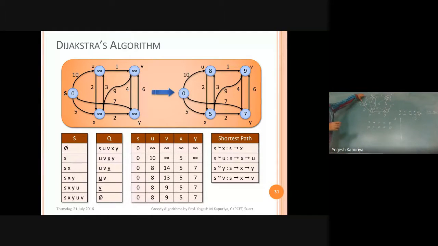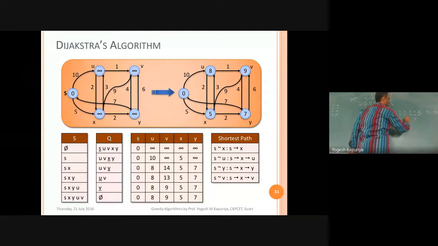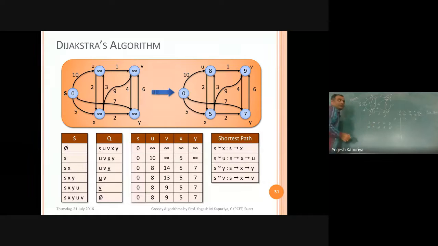So whatever is this, 0 plus 10, that will be 10, and parent of U is S. Right? Second, is there any other outgoing edges? No. So that means my iteration of S is over.